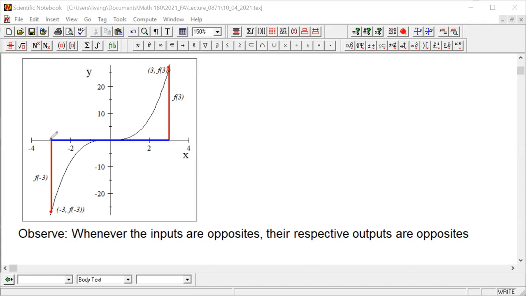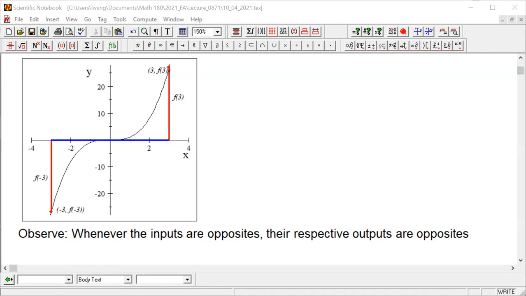And whenever the inputs are opposite, their respective outputs are opposite as well. This is not only true for the pair of inputs 3 and -3, it's true for any inputs. So that's essentially the odd function.